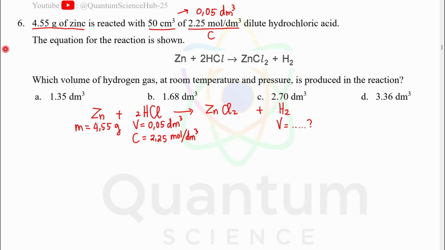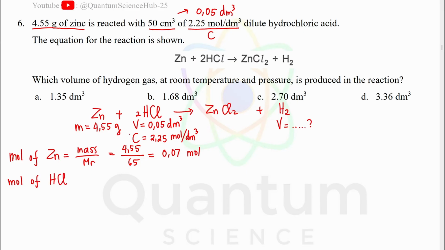Okay, now let's find both mole of Zn and HCl. So mole of Zn equals mass divided by Mr, right? The mass is 4.55 divided by 65. So the result here is 0.07 mole. Next, we find the mole of HCl.